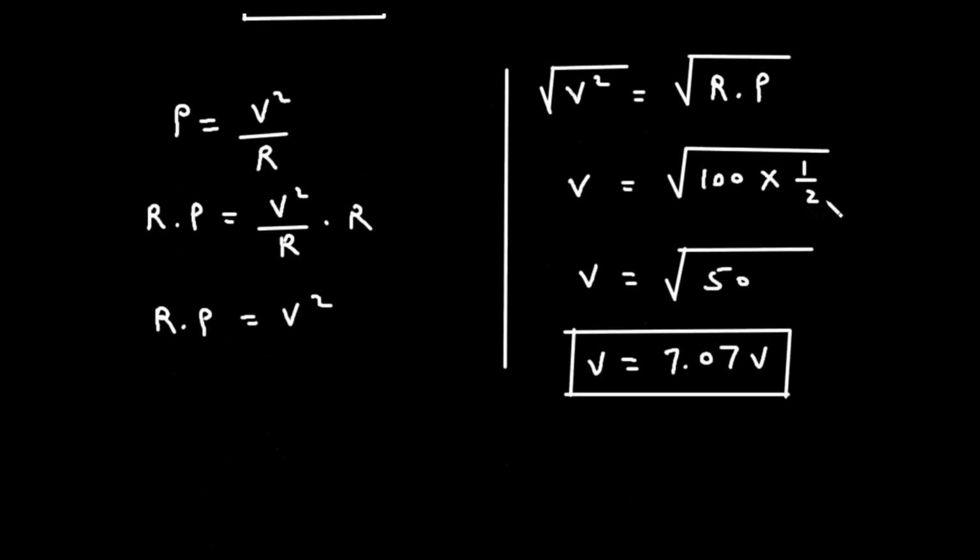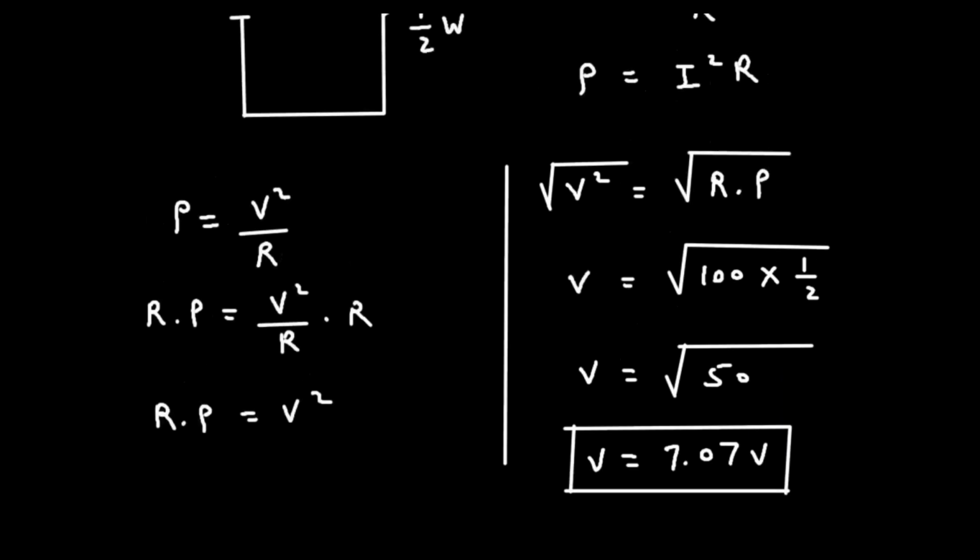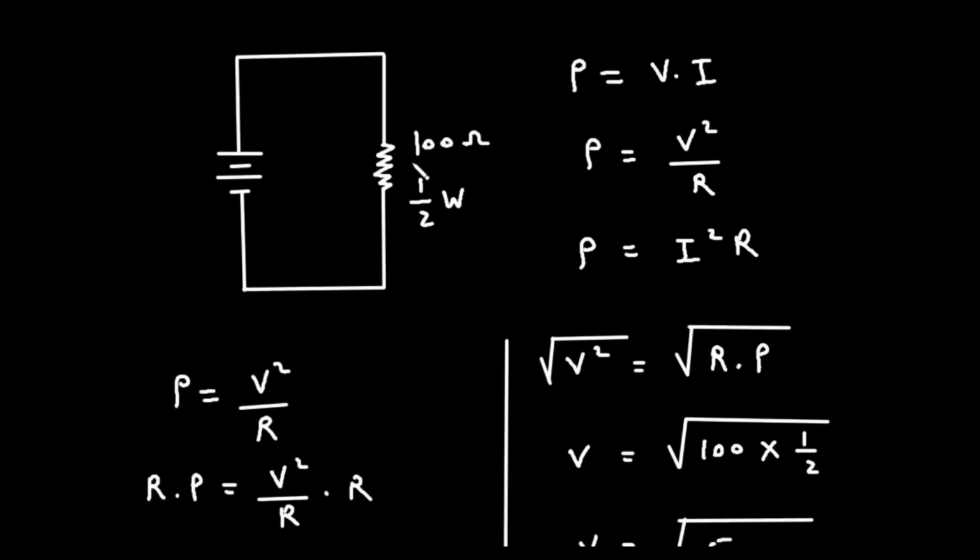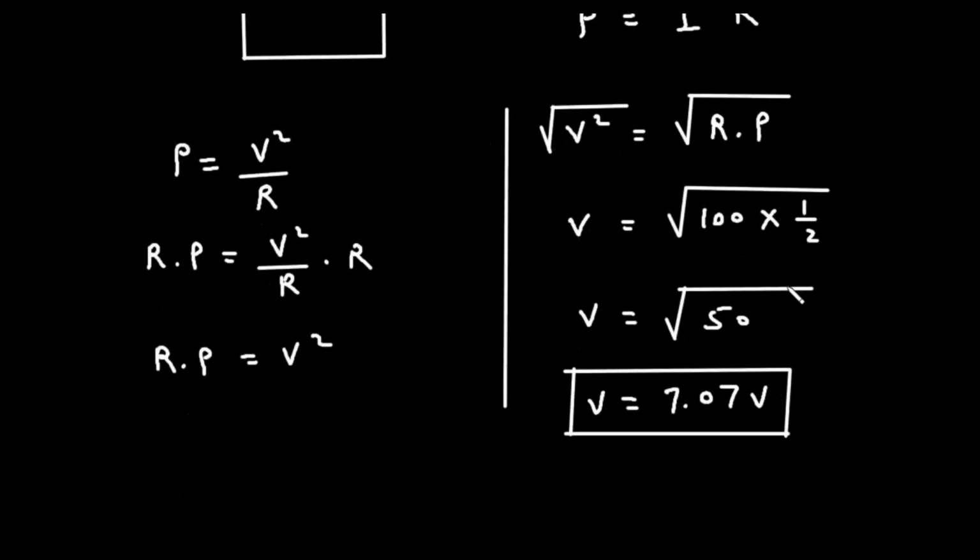So 100 into 1/2 is 50, and the square root of 50 is 7.07 volt. This is the maximum voltage we can apply to this resistor.